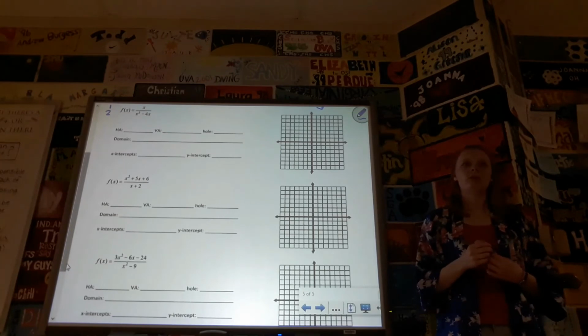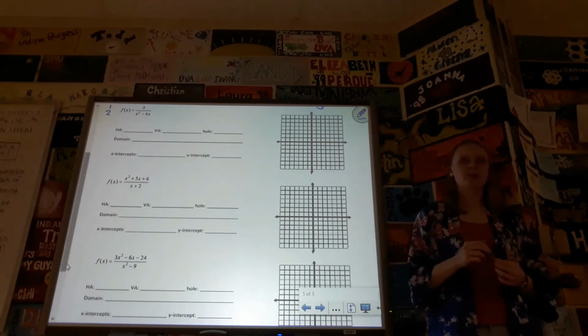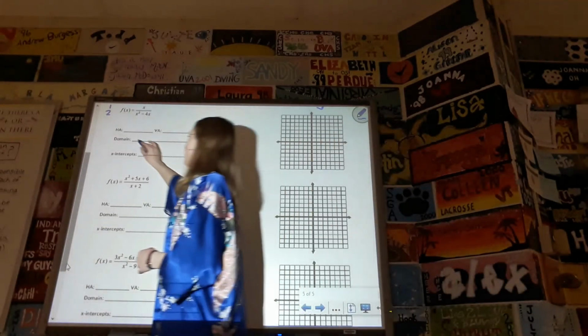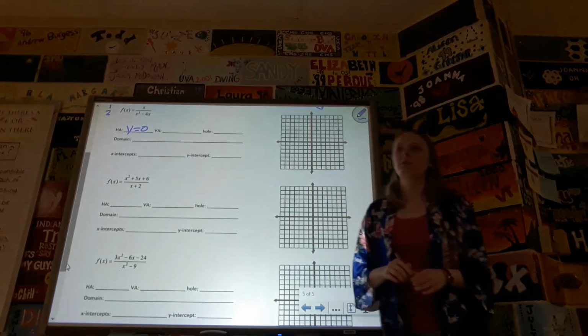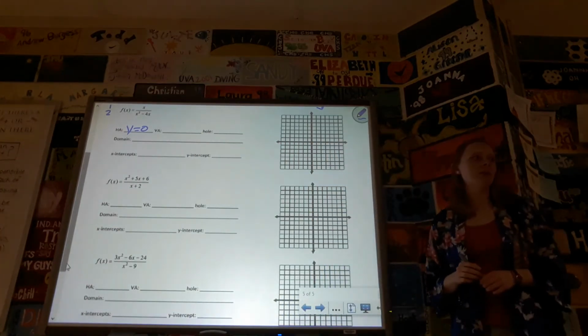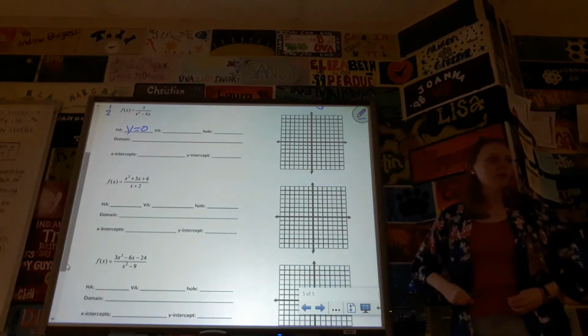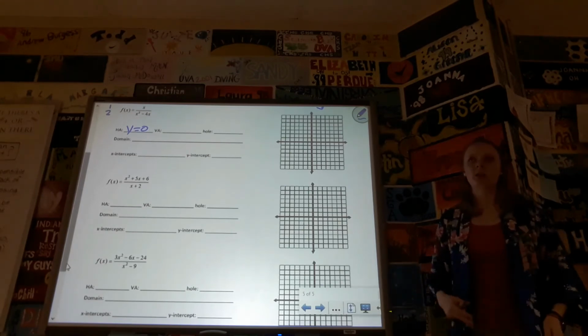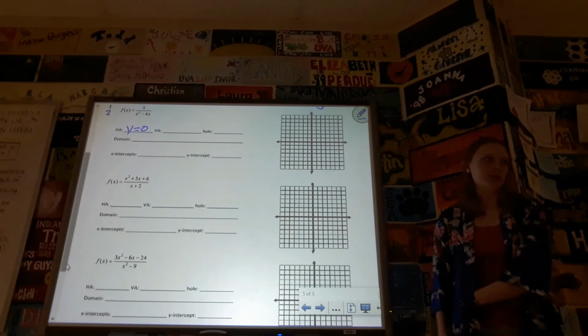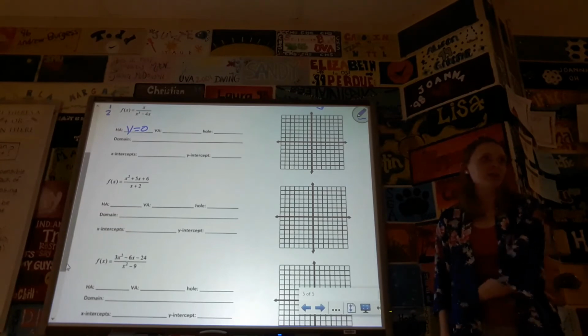It's bottom heavy, right? Bottom heavy means y equals 0. What does top heavy mean? If the degree is bigger on the bottom, I call it bottom heavy, then it's y equals 0. If the degree is higher on the top, if it's top heavy, then the horizontal asymptote does not exist at all.